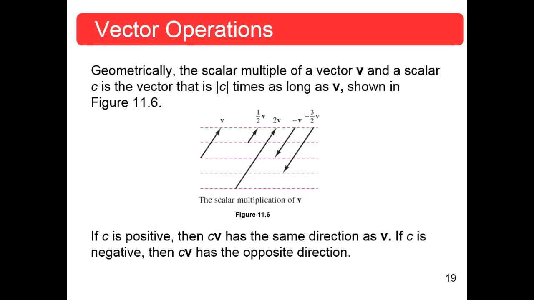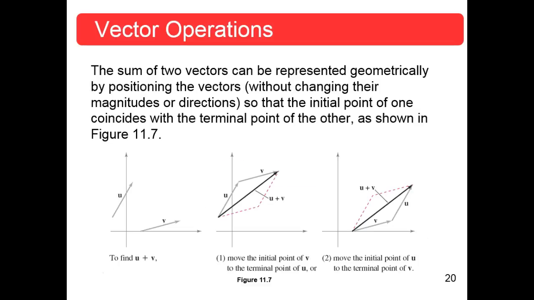They would all be parallel to each other, just one end might be in the opposite direction of the other, and the magnitudes would change. If C is positive, then CV has the same direction as V. If C is negative, then CV has the opposite direction, as we see. They're all parallel to one another. Make sense?